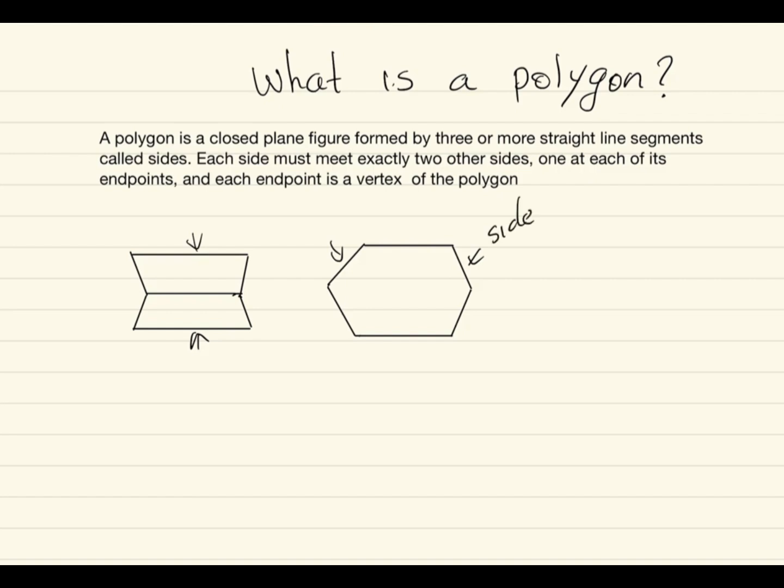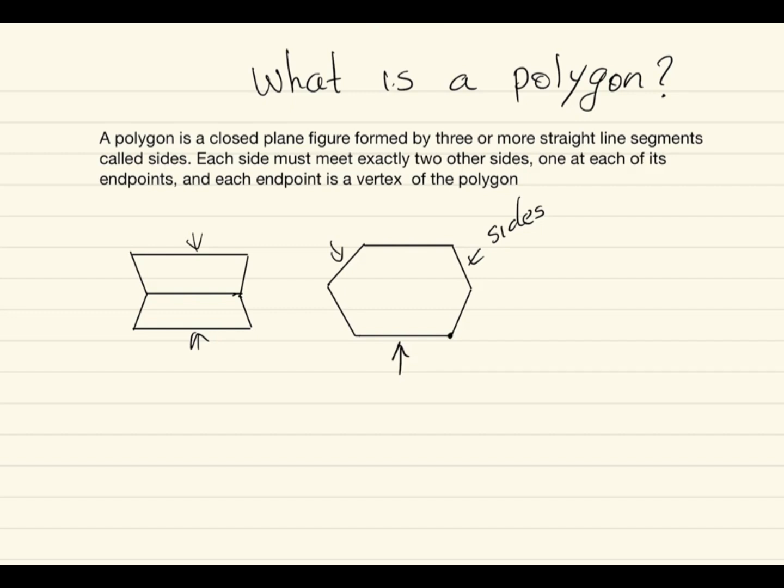Now, each side must meet exactly two other sides, one at each of its endpoints. So this is where it got confusing for me at first, but now I have a clear understanding of what it means. So if we start, let's say, with this side here. You can see that this side meets exactly two other sides.